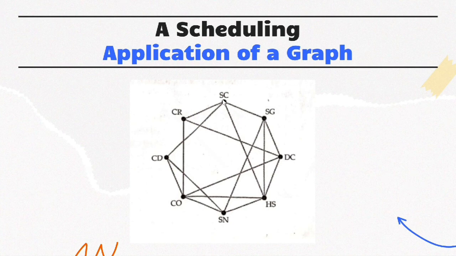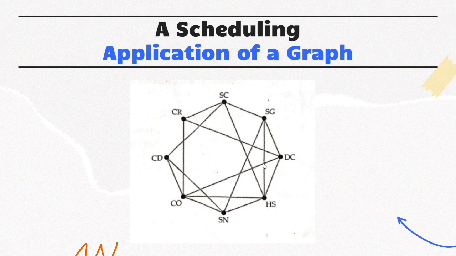The same with the Honor Society. And the Campus Democrats and the Campus Republicans. The Campus Democrats is CD, so it is connected with this vertex, as well as the Campus Republicans. The same thing goes for the other vertices, class, or the other clubs.